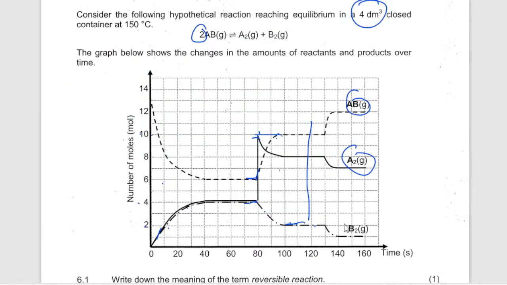You see? A started from 10, AB started from 6, and B started from 4.